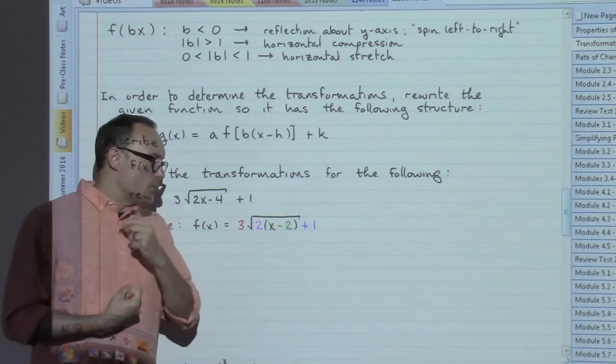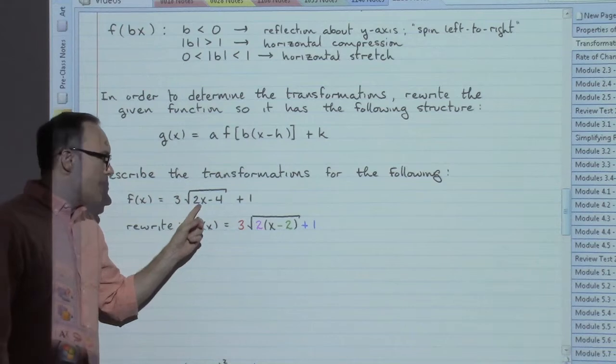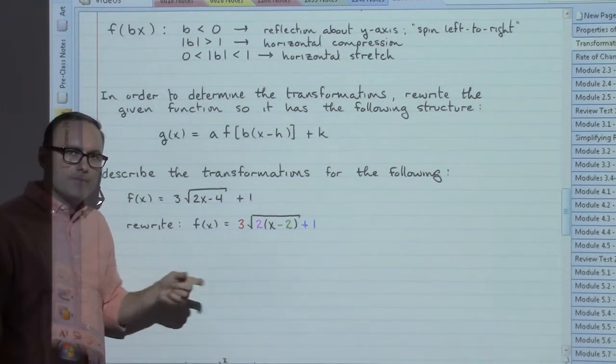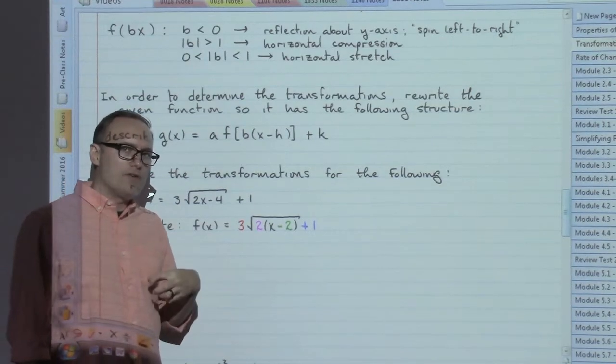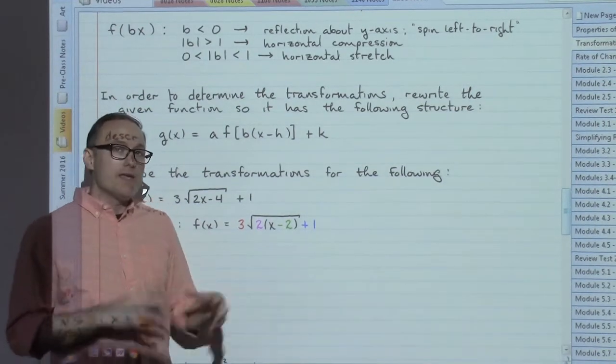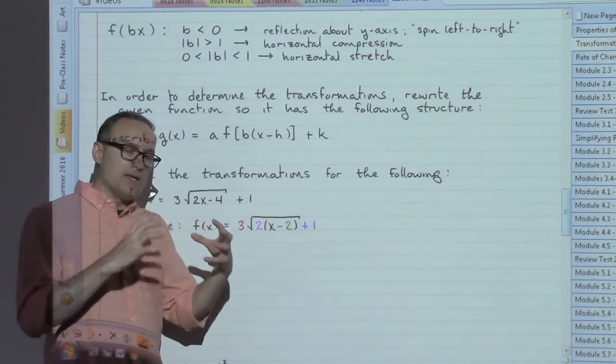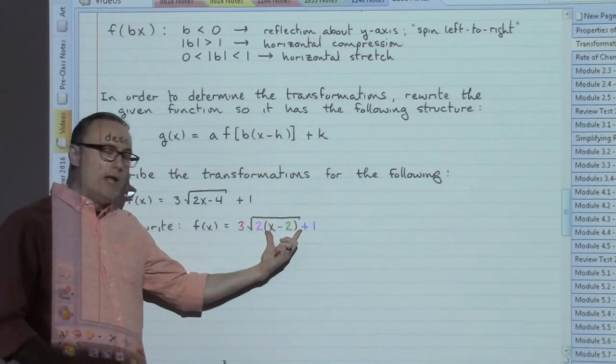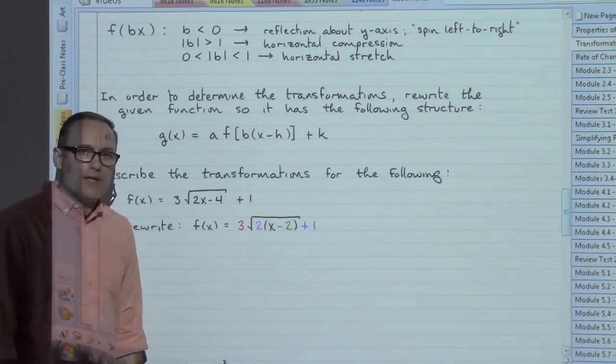So we want to rewrite that. We say, oh, you know, that's not just a regular x that's in there. It's got a 2 out front. Let's make sure that we go ahead and factor the 2 out of everything that's trapped inside of that basic function, that square root. Factoring out a 2 gives us this parentheses x minus 2.